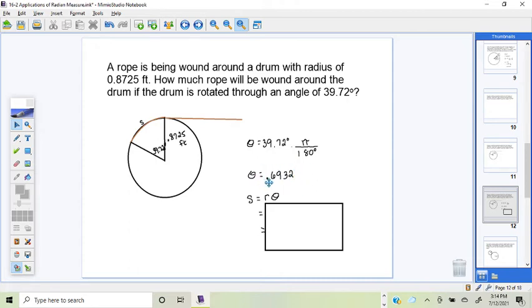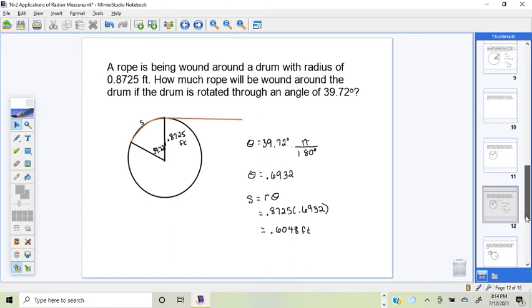Notice the degree mark is not there. So the theta being 0.6932 radians, a little bit less than the radius of the circle in terms of radians, if we're thinking back to our definition of radians. So 0.6932 would be our theta, r would be our 0.8725, and you'd simply multiply them together, and we get 0.6048 feet.